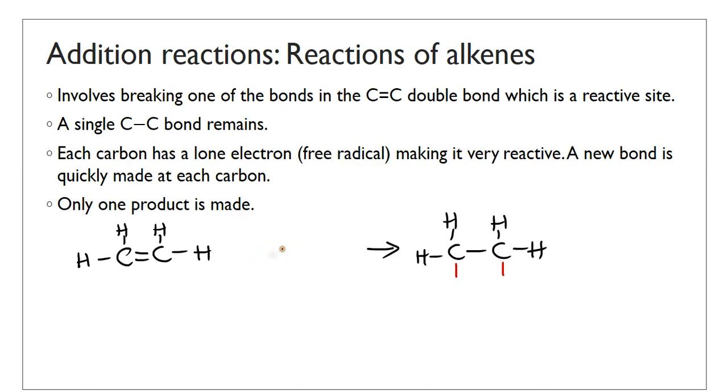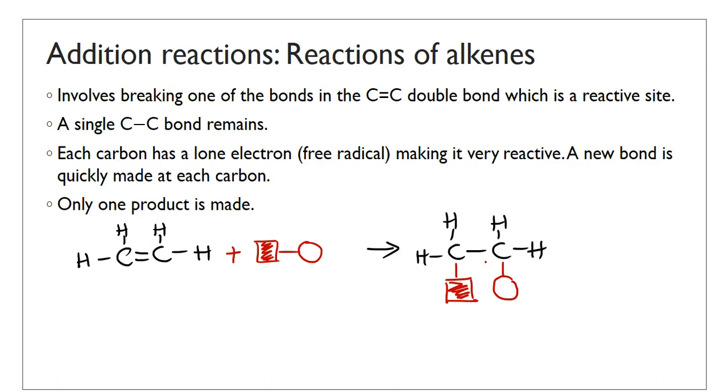So if I just have, let's not use C. Let's say I have, I don't know, anything here. So let's say you have this and another thing like that. So again, this is my generic example. Let's say you have this thing. This thing can now be added to one carbon, and this thing can be added to the other carbon, or the other way around. So two reactants going to one product.